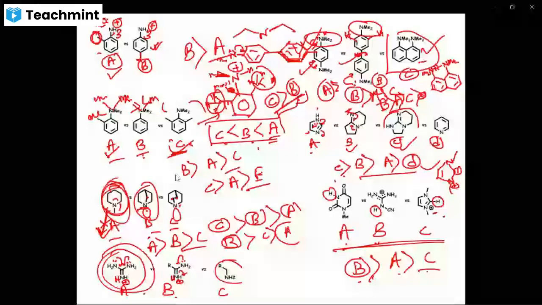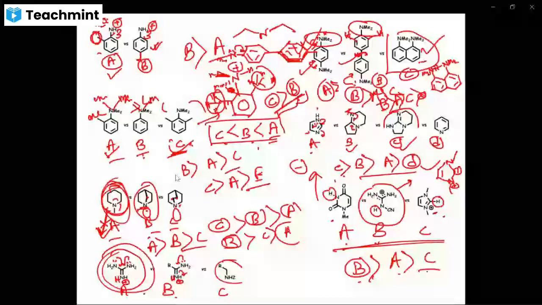So between A and B, you can see this is a positive species which will become neutral when it loses a proton, right? And this one is already a neutral species, so it will acquire a negative charge when it loses a proton. So which one is easy, taking proton from a positive center or taking proton from a neutral center? Yeah, so that's why B is more acidic than A than C.